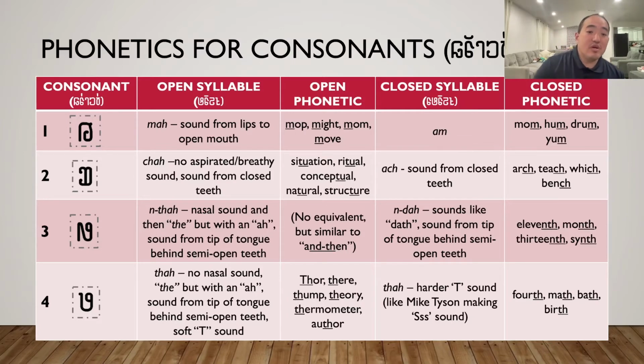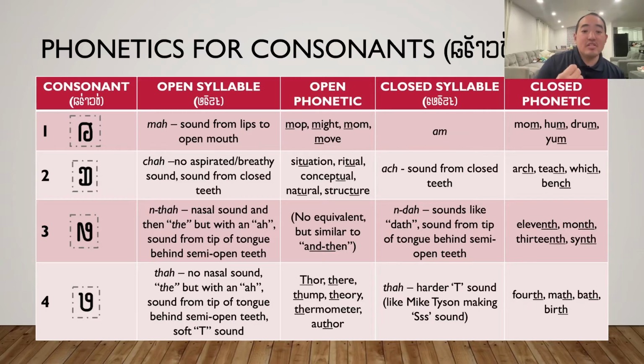So for the fourth one, this consonant is pronounced ta, tat. This consonant is pretty much the same as the previous one, except it does not have a nasal sound. So it would be like the word 'the', but instead of 'the' it'll be 'ta', depending on the vowel you add to it. So it'll be ta, tat, right?